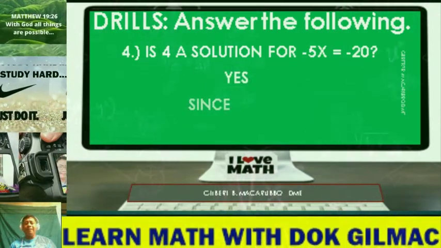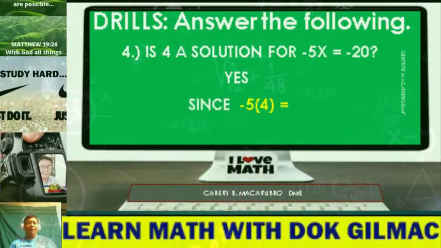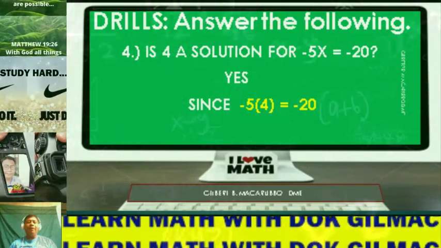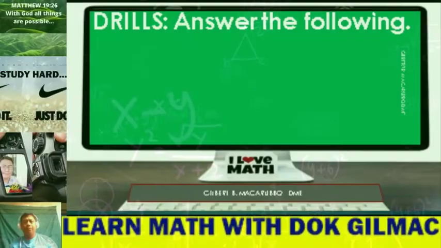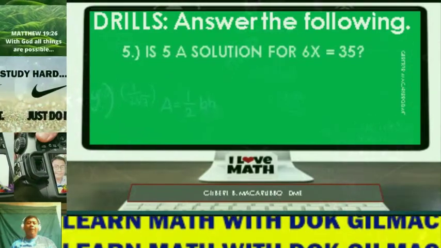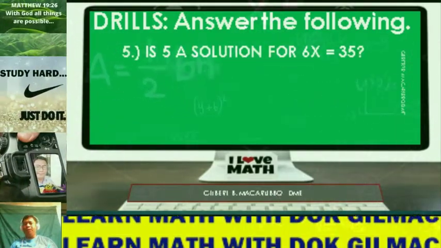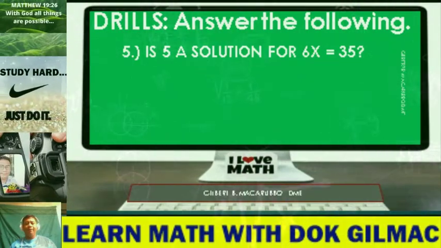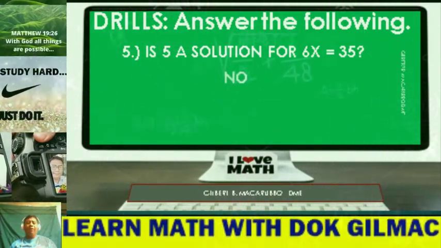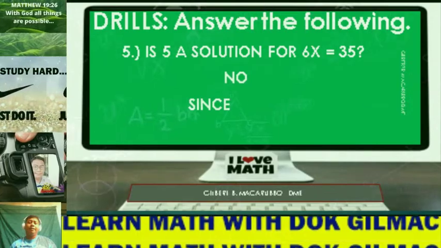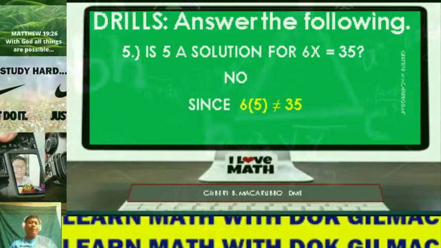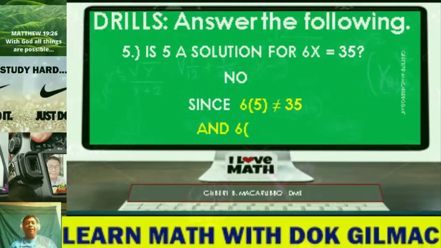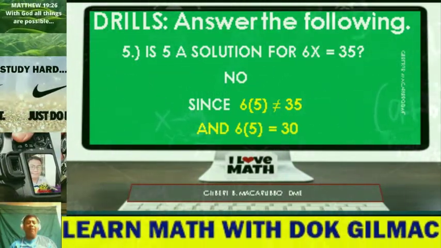Yes, since negative 5 times 4 is simply equal to negative 20. Number 5, is 5 a solution for 6x equals 35? No, since 6 times 5 is not equal to 35. And take note, 6 times 5 is equal to 30.